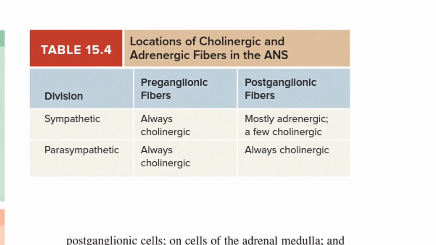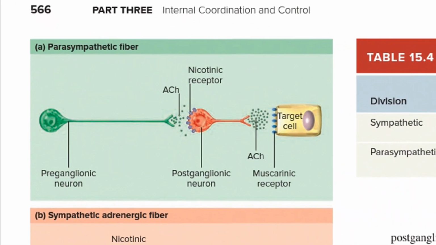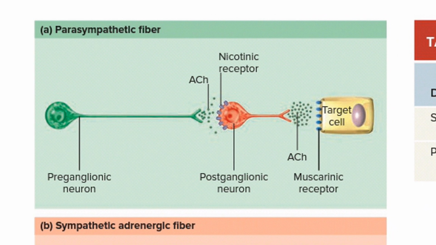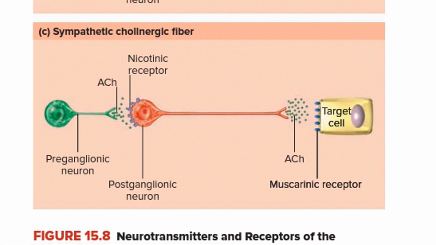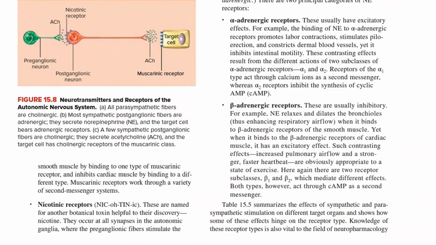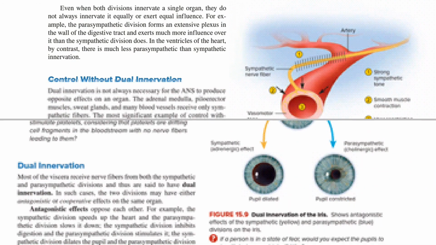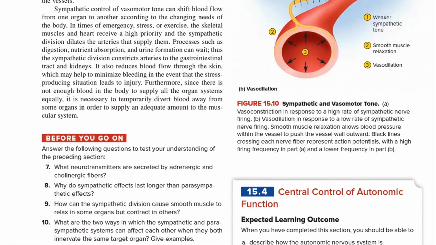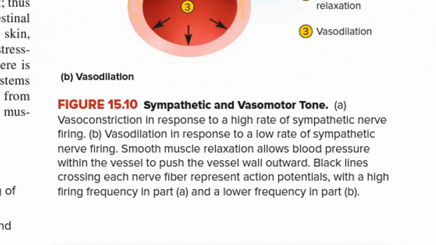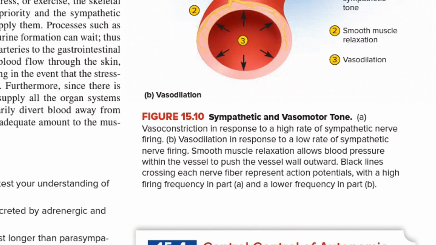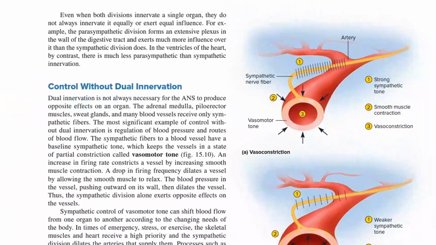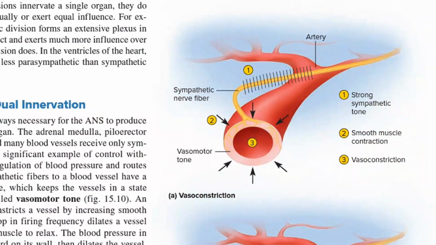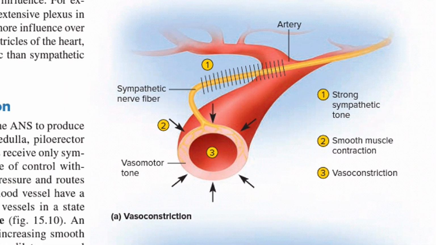Then we have already discussed this. Then this is sympathetic and vasomotor tone: how the blood vessels contract and dilate, and how the autonomic nervous system regulates this contraction and dilation of the blood vessels.